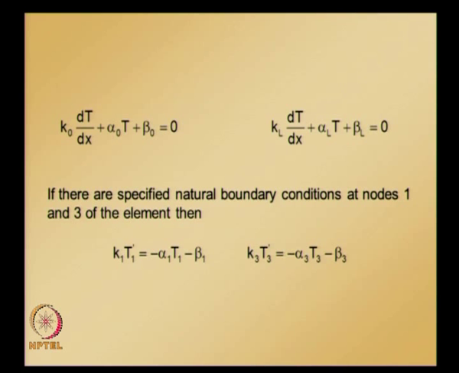So, if these boundary conditions are specified at nodes 1 and 3 of the element, then these equations can be written in this manner: k1 times T1 prime is equal to alpha1 times T1 minus beta1. Similarly, k3 times T3 prime is equal to alpha3 T3 minus beta3.